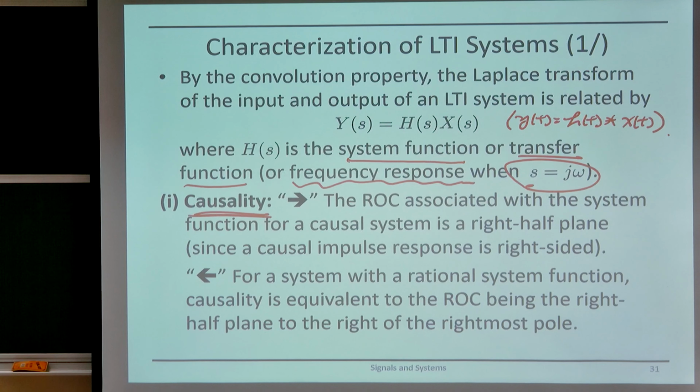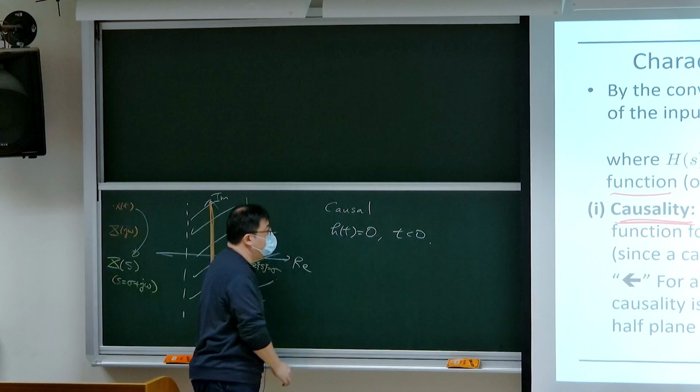So what does it mean for a system to be causal? A system is causal if its impulse response is non-zero only in the positive axis. Okay? So a system is causal if h of t is equal to 0 for all t less than 0, right?